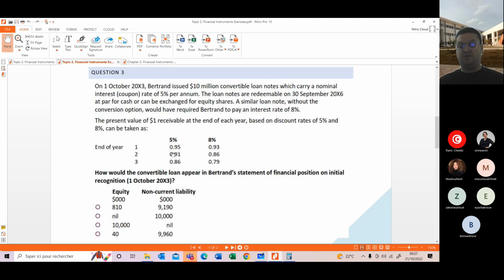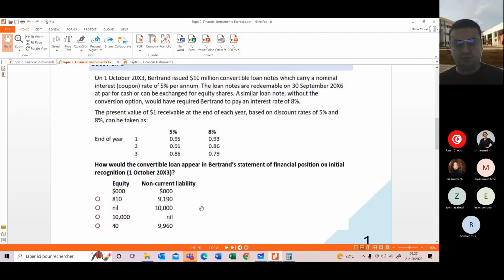You have the present value or the discount factor. How would the convertible loan appear in Bertrand's statement of financial position on initial recognition on the 1st of October 2023? So the question is on the initial recognition only. We don't need to tackle the rest.